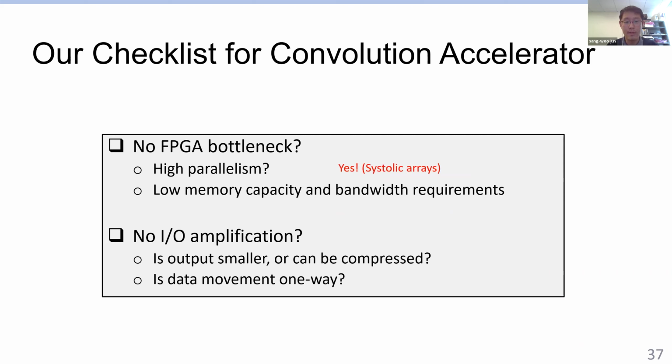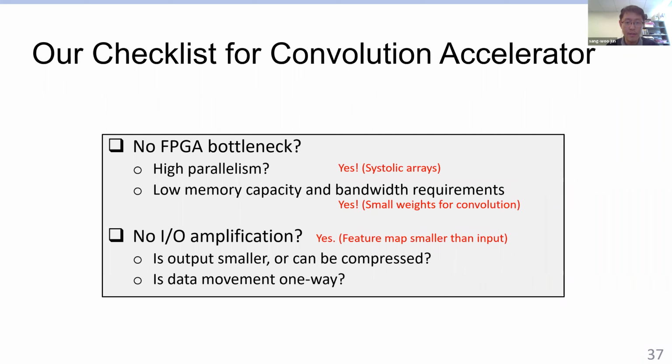There is really high parallelism, yes, because of systolic arrays. Is there no low memory bandwidth? Yes, because for convolution layers, there's a very small number of weights relative to the fully connected layer, requiring pretty much no off-chip memory accesses in our experience. Is there no I/O amplification?